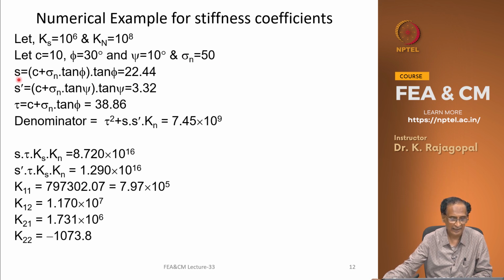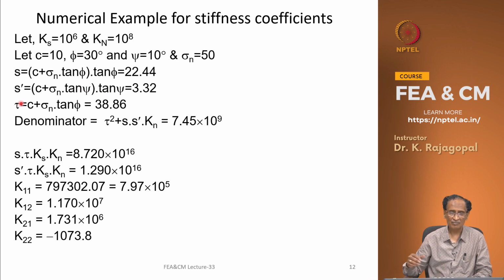This quantity S is C plus sigma n tan phi times tan phi, that is 22.44, and S prime is C plus sigma n tan psi times tan psi, that is 3.32.